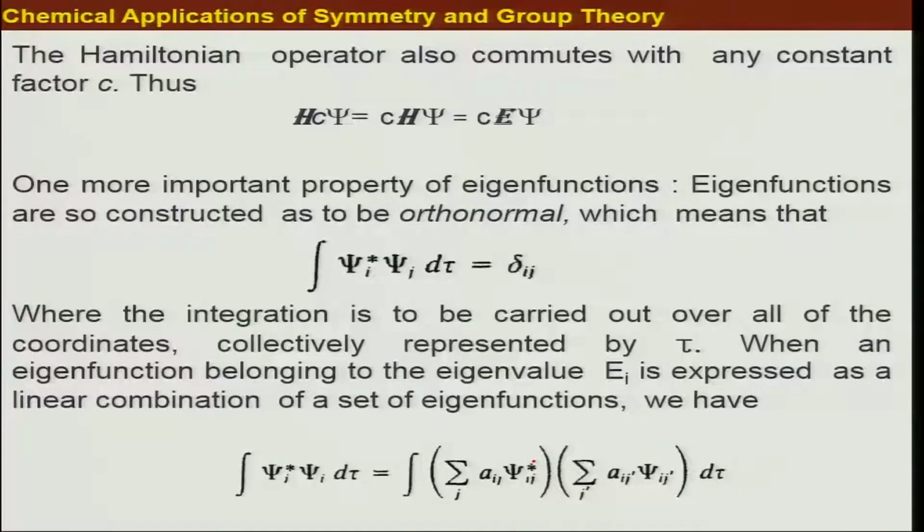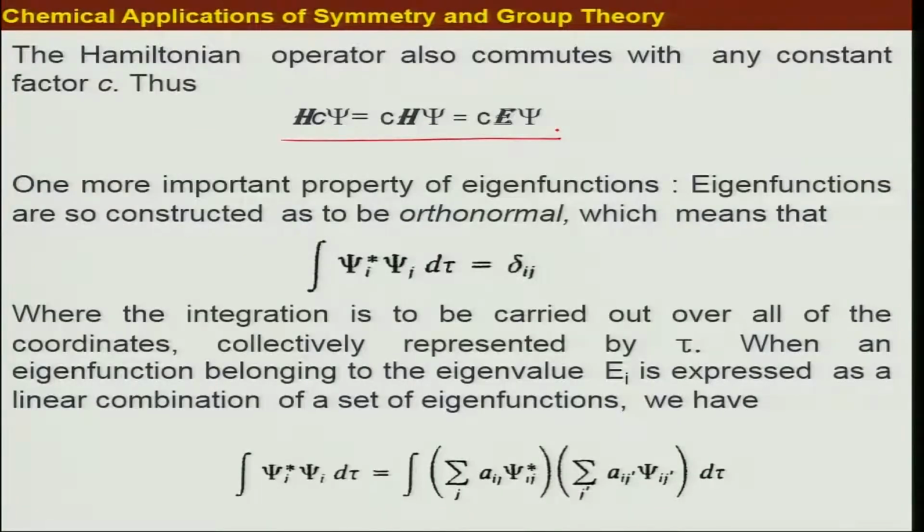So, what is said here is that the Hamiltonian also commutes with that constant. Therefore, I can write that if I have a constant c multiplied to the wave function psi, which is an eigenfunction of the Hamiltonian operator, then c and H commute. Okay. So, this is an important thing that we should note.